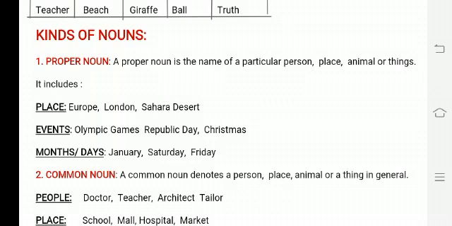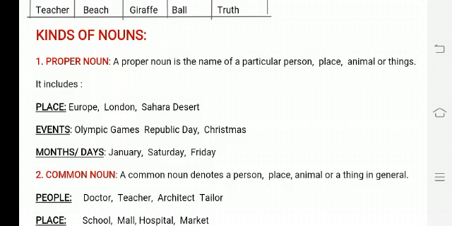Now, one more thing. Imagine you are going somewhere. If I ask you, when will you be back from there? And if you say, ma'am, I will be back in a couple of months. Here, month becomes a common noun. But if you specify the month by saying, ma'am, I will be back by July.